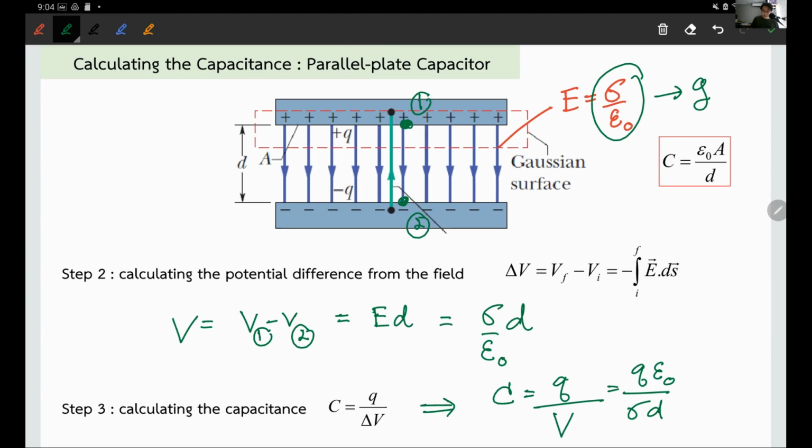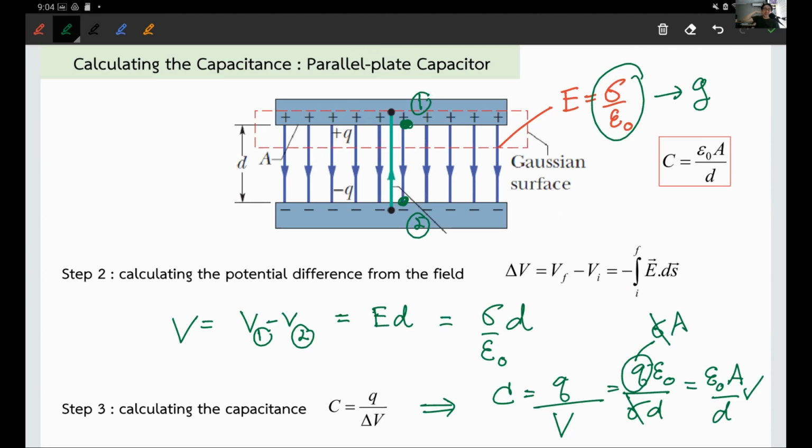Once again, you can always express the amount of charge as sigma A, the charge density multiplied by the surface area. To get to this last step, your sigma cancels one more time. So what you get eventually is epsilon naught A over D. And that's it, you're done.